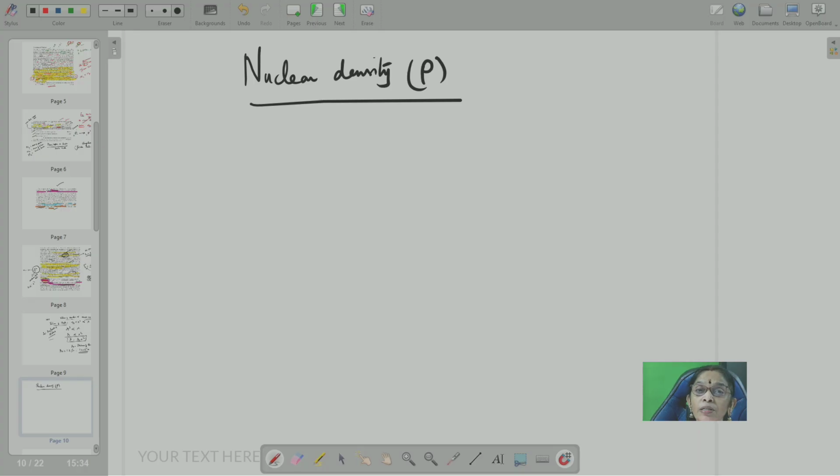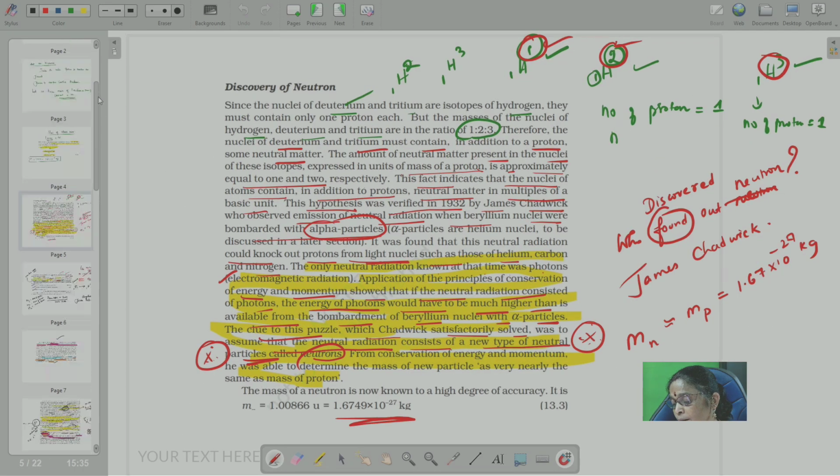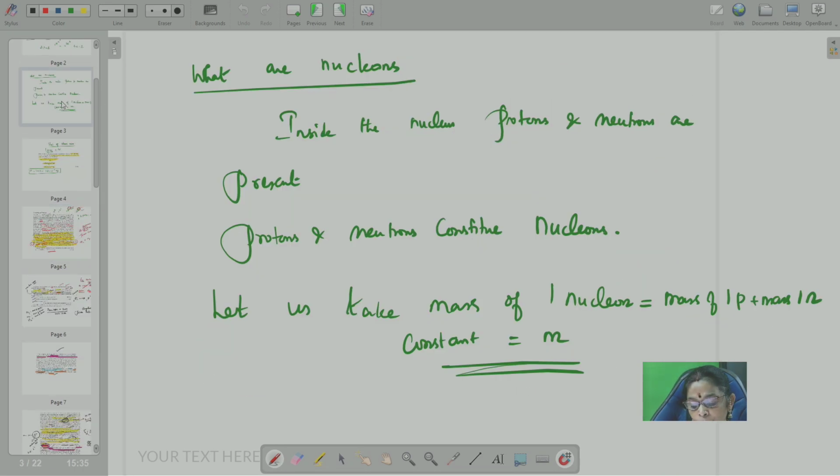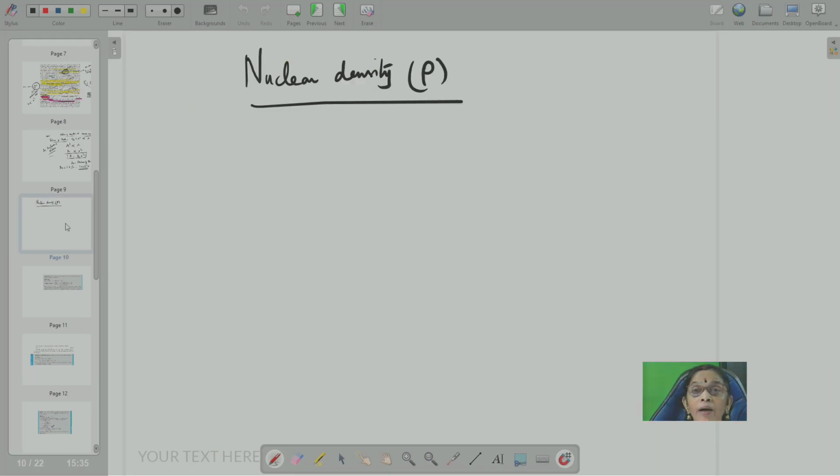Neutron, and what else is there? Proton. Neutron and proton together, what is it called as, children? We have already seen here. One neutron and one proton together, you call it as nucleon. So we are going to talk about only that.